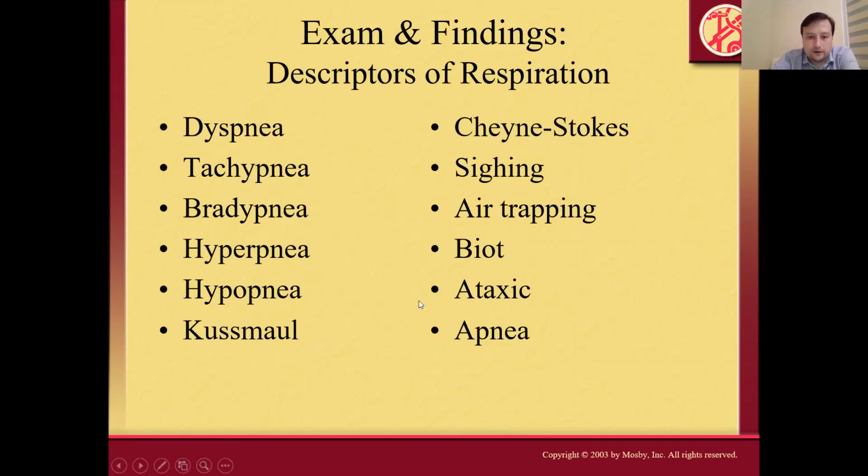What else can we find? We can find some pathological types of breathing, such as Kussmaul breathing, Cheyne-Stokes breathing, Biot breathing.